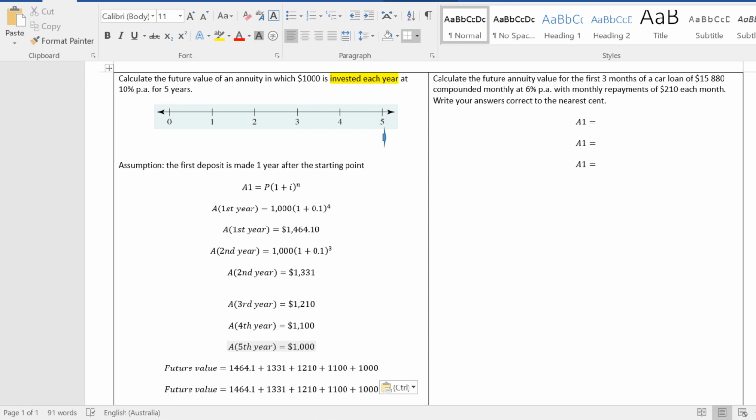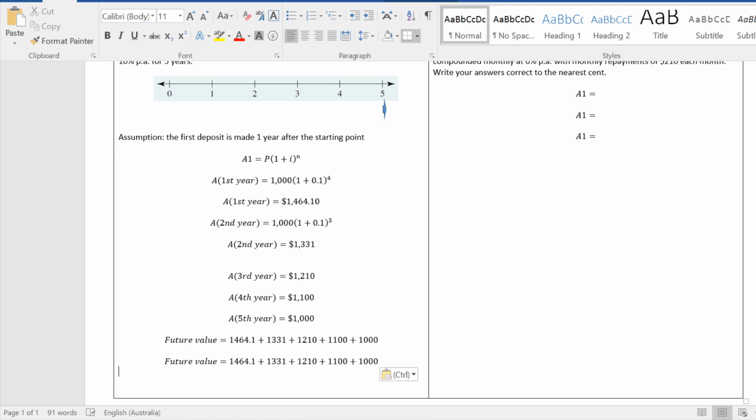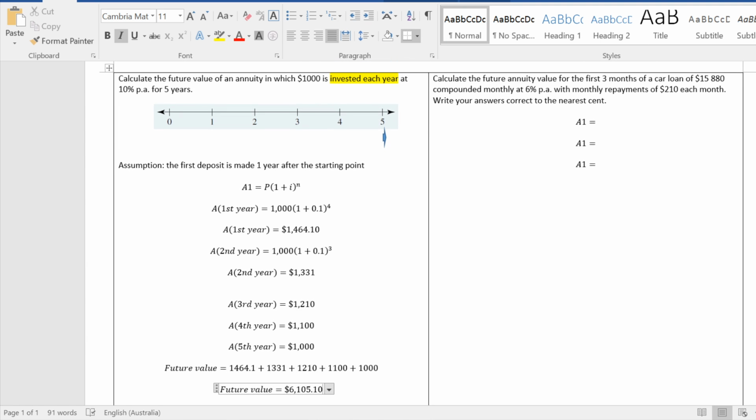So I'll quickly just do that now. $6,105.10. Okay, that is the future value of our investment.